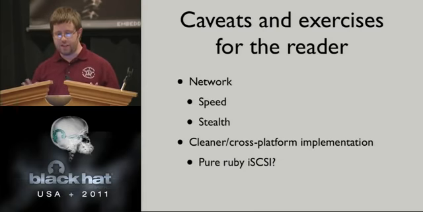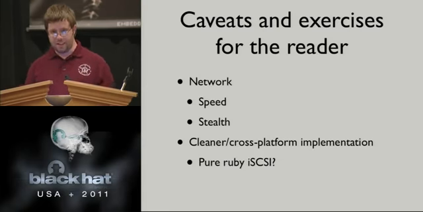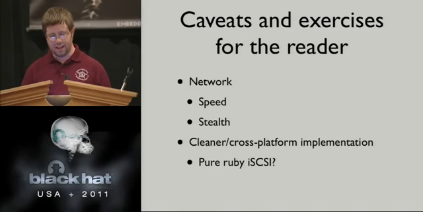So, the caveats and exercises for the reader. For the network side of things, we're doing this over crazy network connections and weird APIs, like Railgun and all that, so speed is an issue. Obviously, reading somebody's hard drive over the internet is not going to be as fast as reading it over a SATA cable directly.